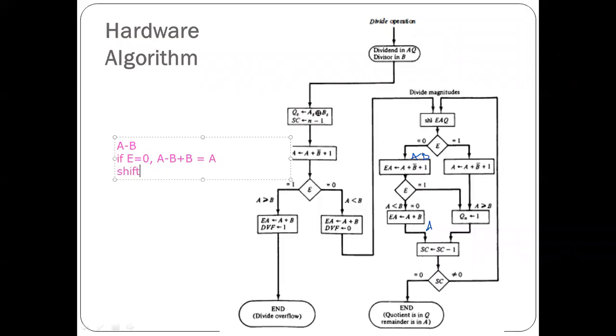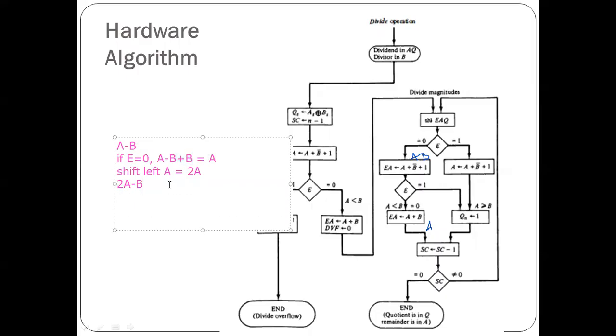So shift left A, and after that you are doing minus B again. So finally, in this loop, for one loop, 2A minus B is the result. So this is what we are doing in restoring of the remainder.